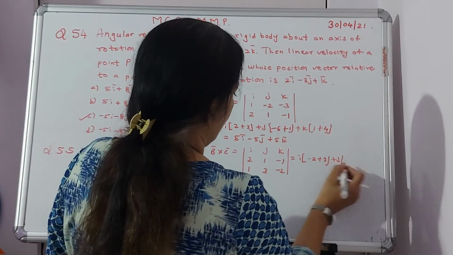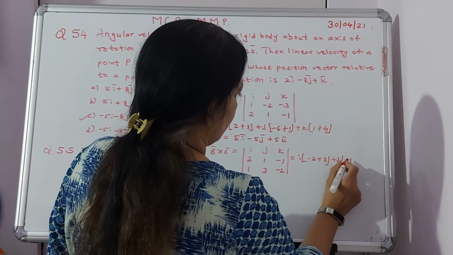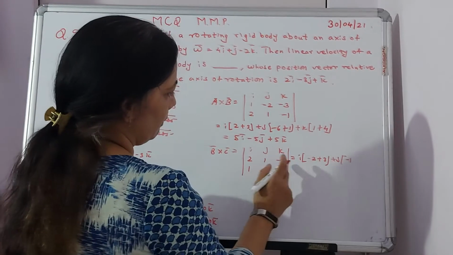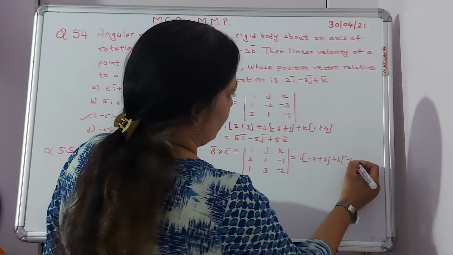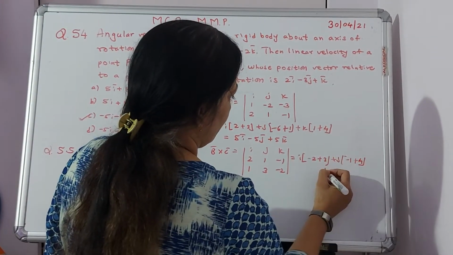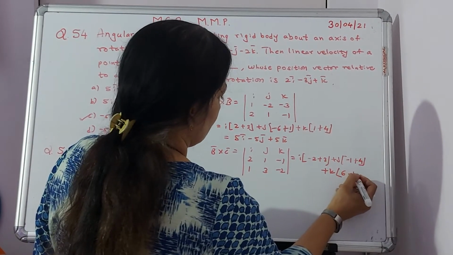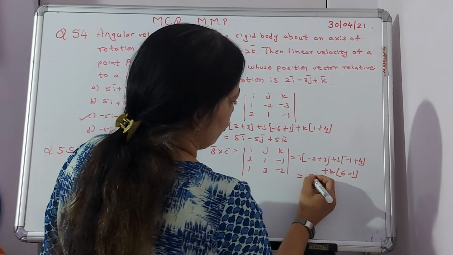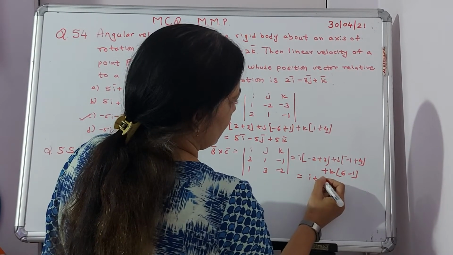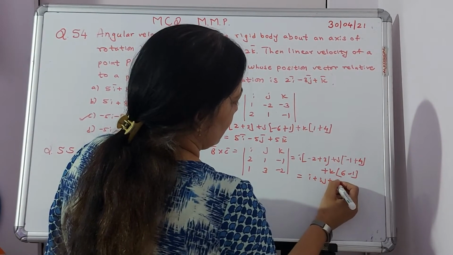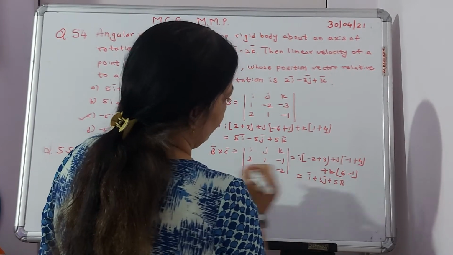Plus j, this is minus 1, correct, minus 1, and this will be plus 4. And plus k, it should be 3 2s are 6 minus 1, correct. So this gives me i plus 3j plus 5k, correct.